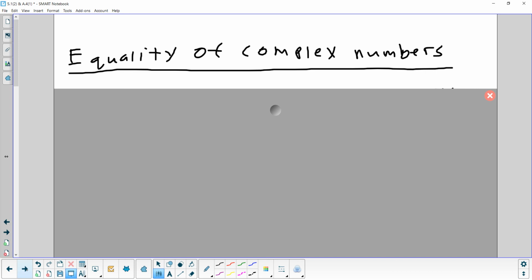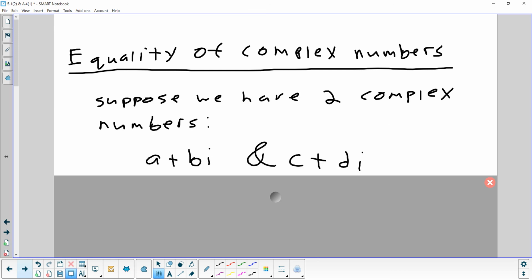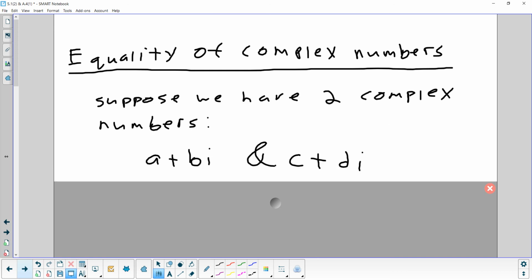All right, so what does it mean for two complex numbers to be equal? So let's say those are our complex numbers. The first number has a real part of a, and the second number has a real part of c.